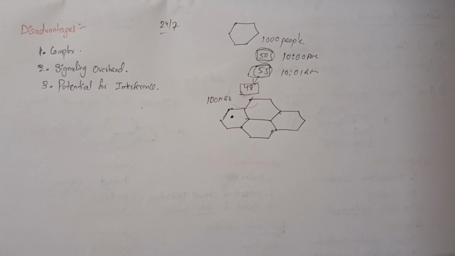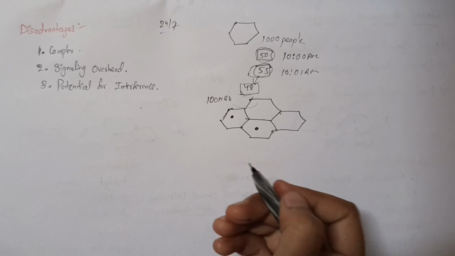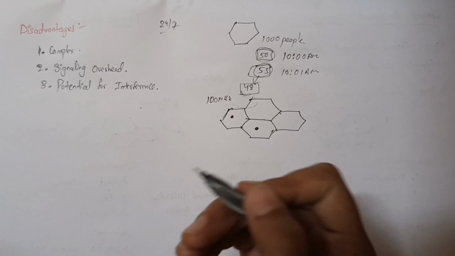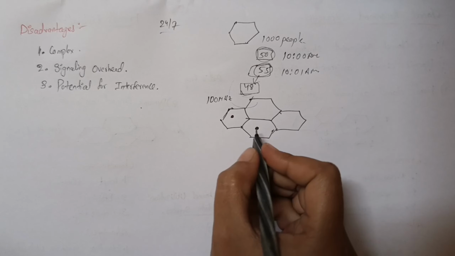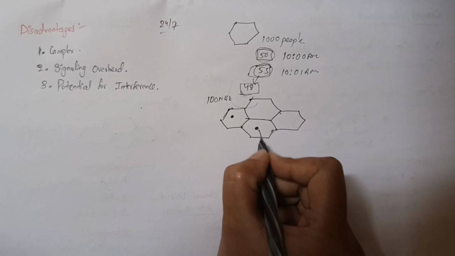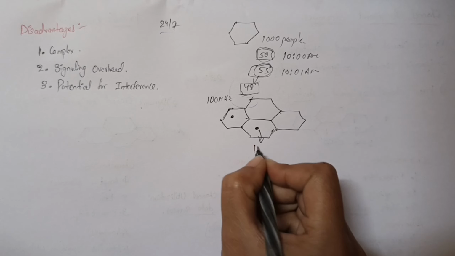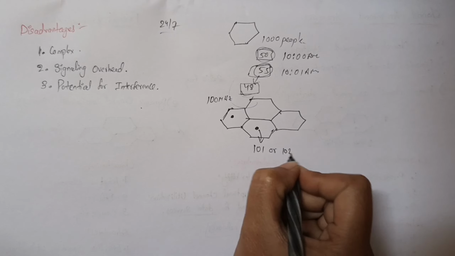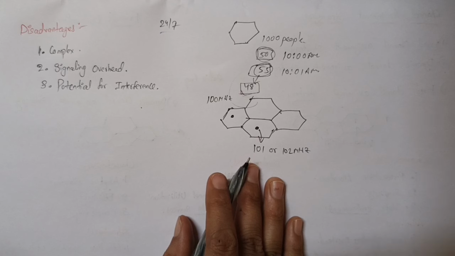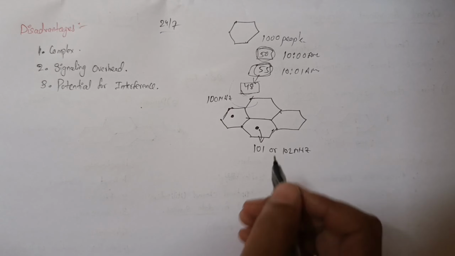And if now another user is requesting a channel for their communication, there should be allocation of a frequency that is not adjacent, or there should be a gap. So this person should get allocated to, let's say, 101 or 102 megahertz of frequency to ensure there is no interference. Also, there should be no co-channel interference.